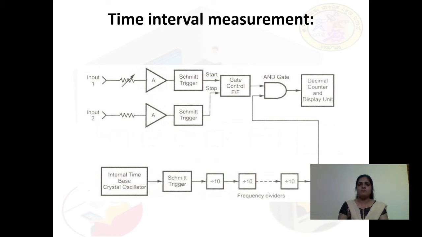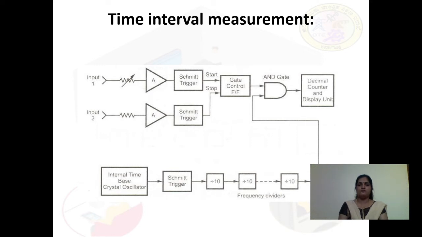So the same gate control flip-flop, by operating between logic level 0 and logic level 1, with these two outputs we can either set or reset the AND gate. In order to start the operation we need to set the gate, that is the output from the gate control flip-flop. In order to stop the operation, to disable the AND gate, we need to reset.